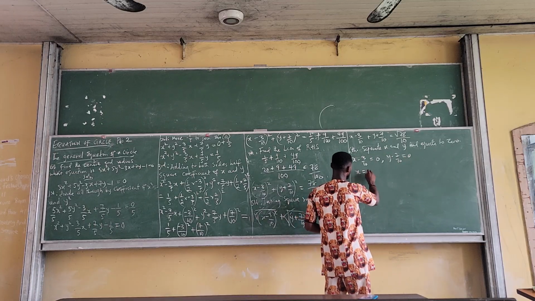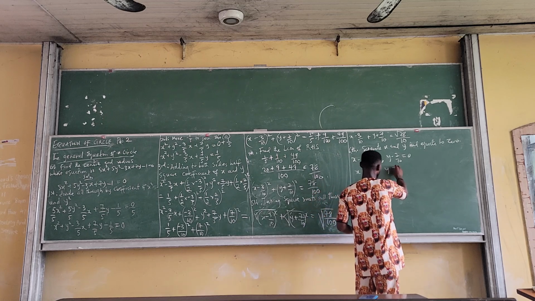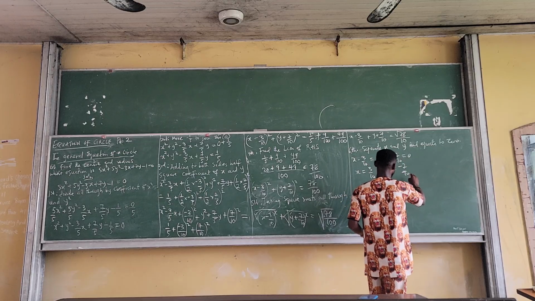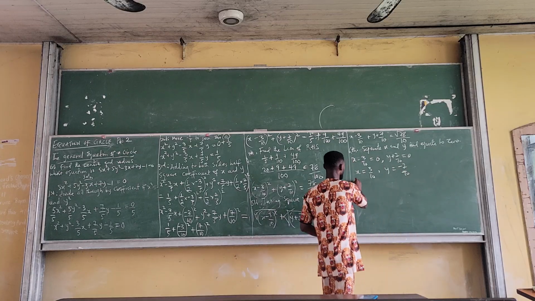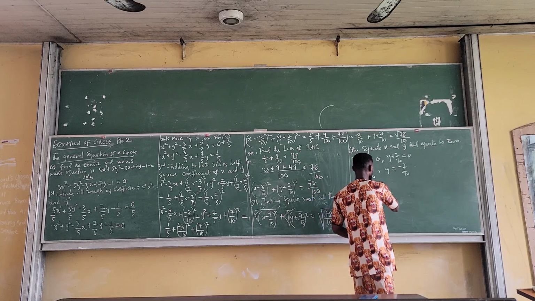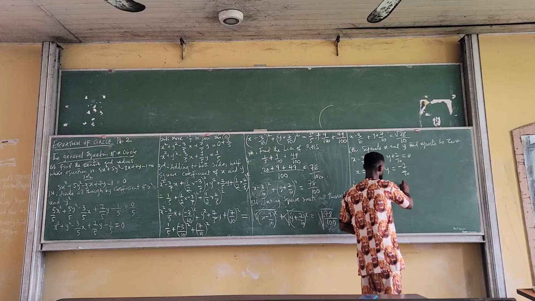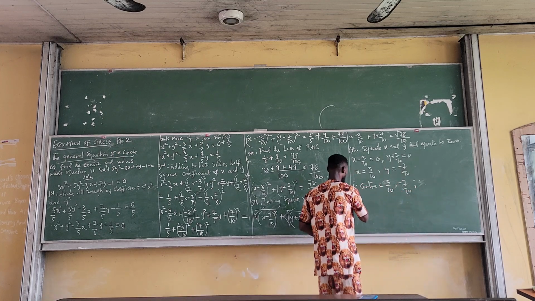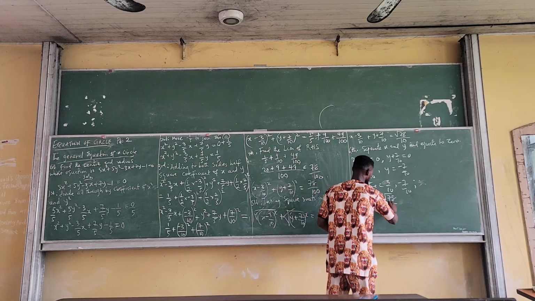So we have x will be equal to 3 over 10 and y will be equal to minus 7 over 10, which therefore our center will be equal to 3 over 10 and minus 7 over 10. While our radius will be equal to square root of 78 over 10.